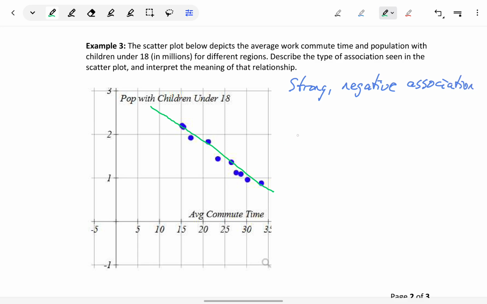That means as the average commute time increases, we see a decrease in the population with kids under 18.